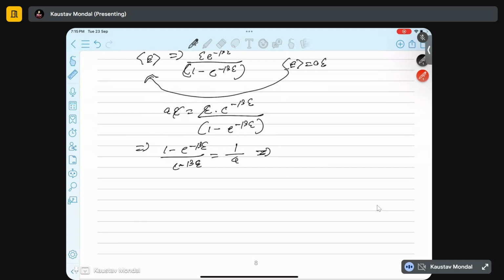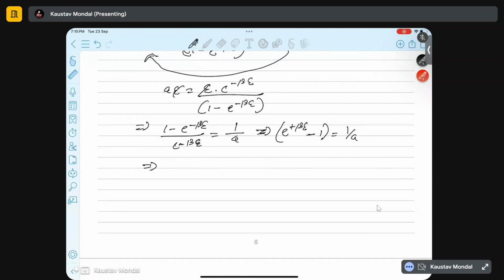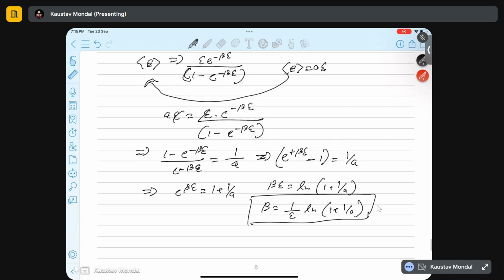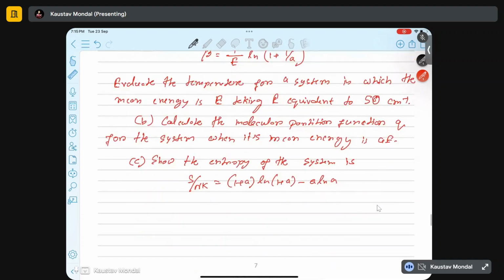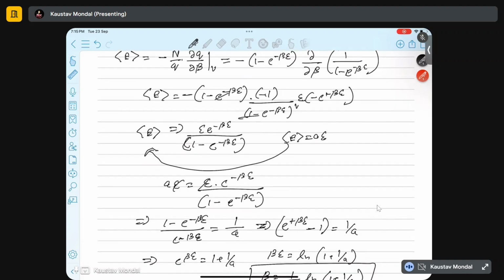So now it will give you e to the power plus beta E, right? It goes upstairs, minus 1, equal to 1 by A. Now from here you can write e to the power beta E as 1 plus 1 by A. So beta E would be ln of 1 plus 1 by A. From here, beta is equal to 1 by E ln of 1 plus 1 by A. This is the expression of beta that we were asked to find, and we're getting exactly the same expression. So that means the first problem has been derived correctly.